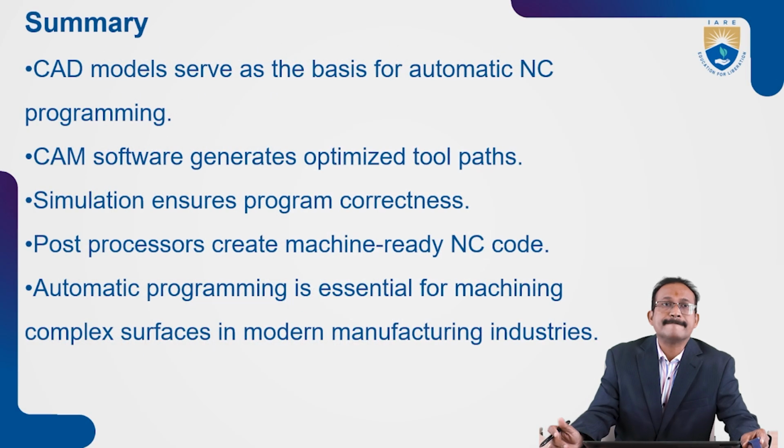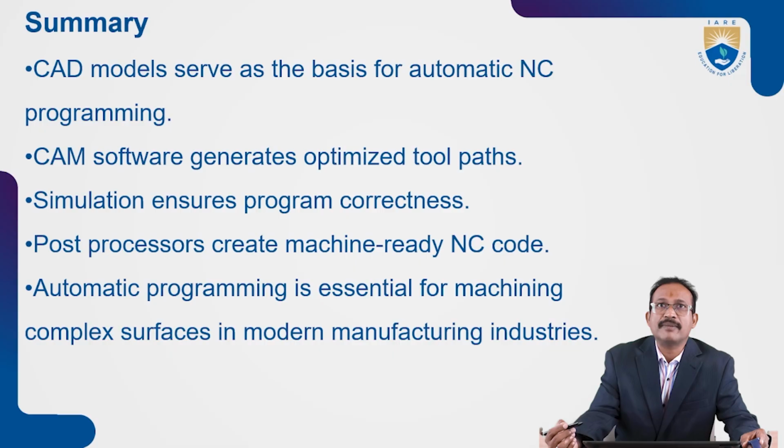Summary: CAD models serve as the basis for automatic NC programming. So the CAD model is the input for the generation of automatic programming. CAM software generates optimized tool paths. There are different tool paths, but CAM software optimizes these tool paths.